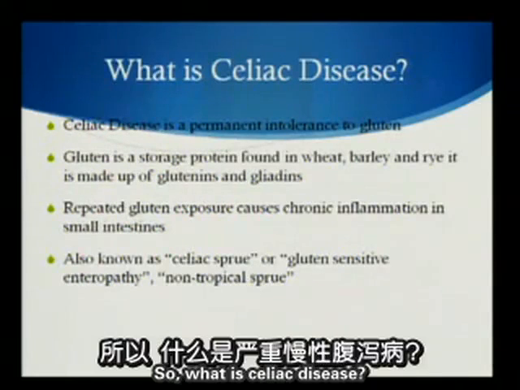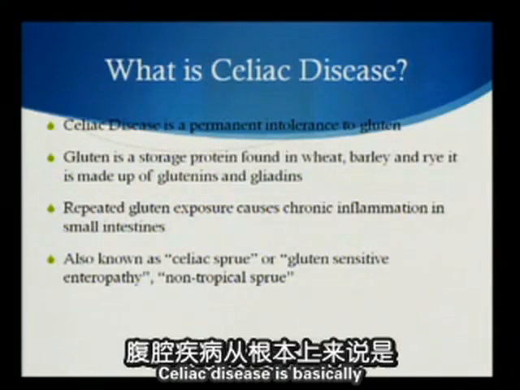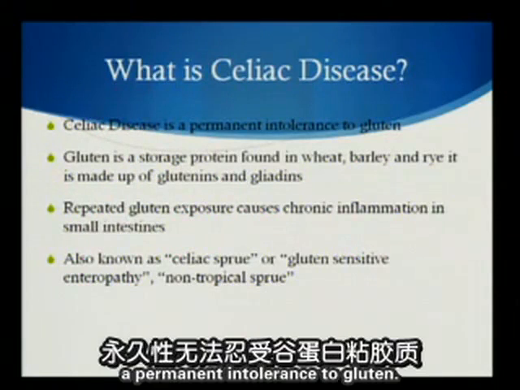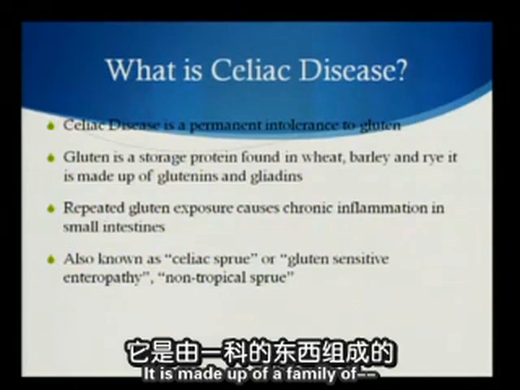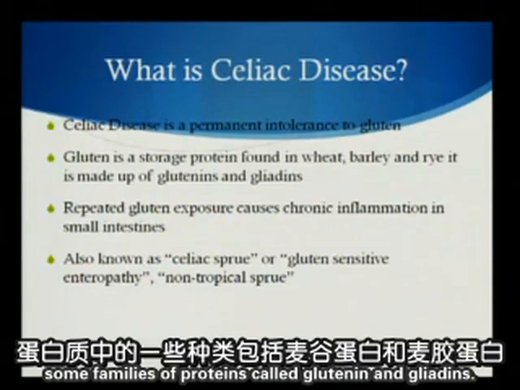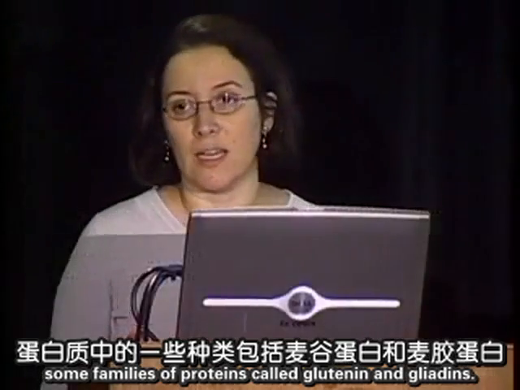So what is celiac disease? Well, celiac disease is basically a permanent intolerance to gluten. Gluten is a storage protein that's found in wheat, barley, and rye. It's made up of some families of proteins called glutenins and gliadins. In the case of celiac disease, gliadins are the toxic component.